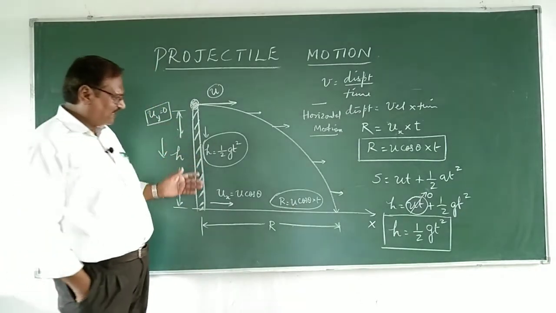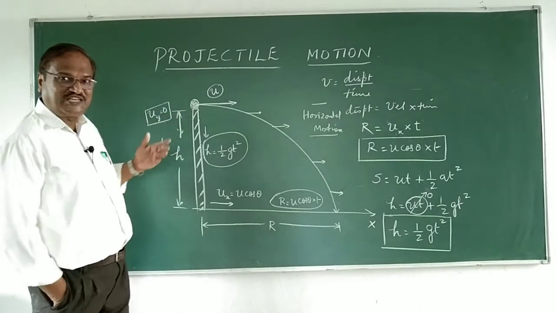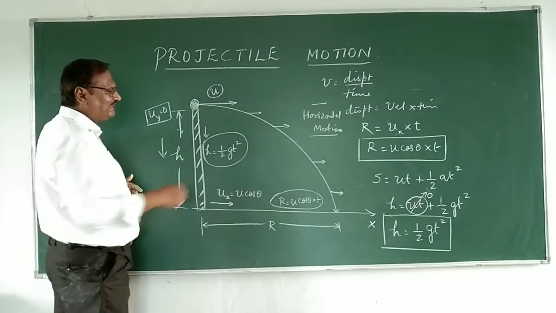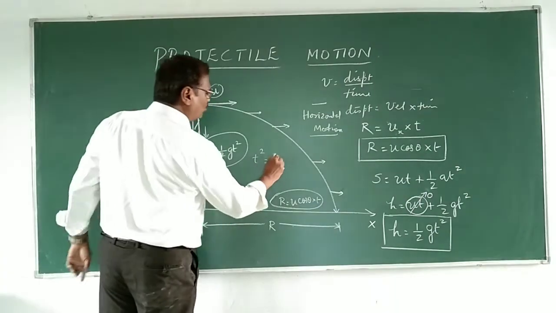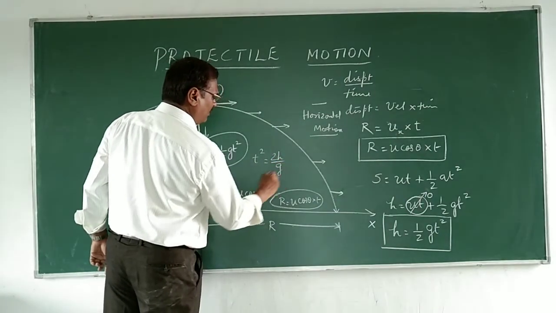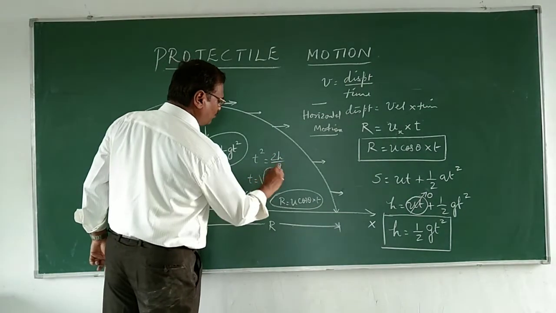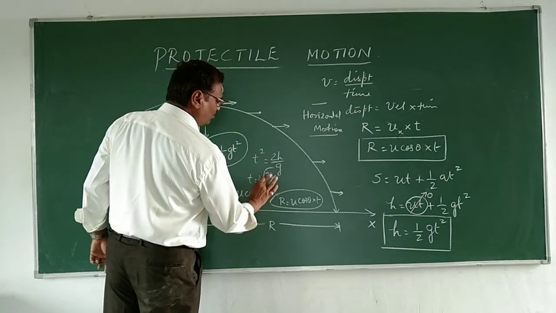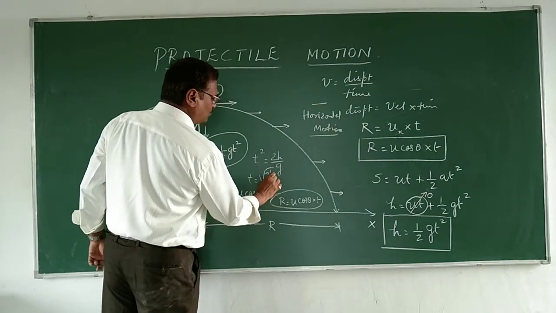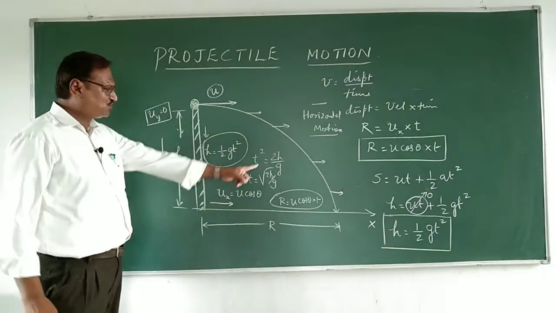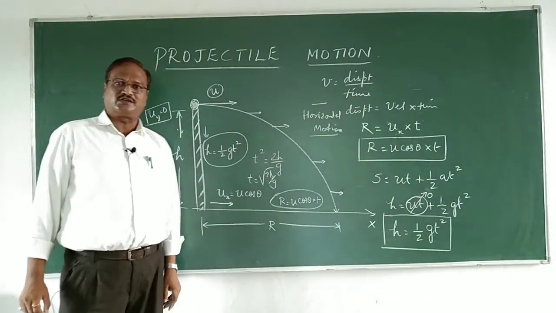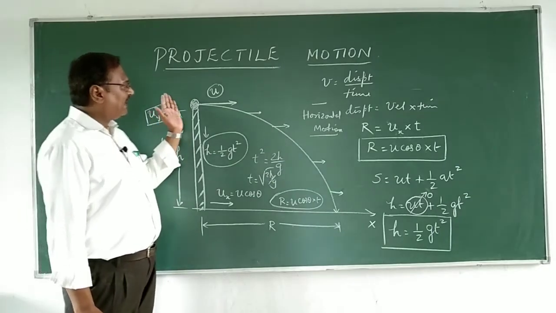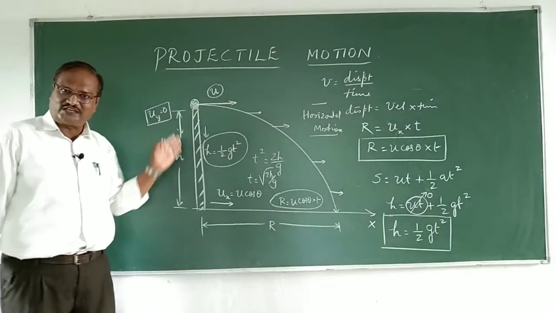Watch carefully here. Why should it reach at the same time? Because t square is equal to 2h upon g, or t is equal to under root 2h upon g. h is remaining constant, g is remaining constant. So we said that horizontal motion is independent of vertical motion.